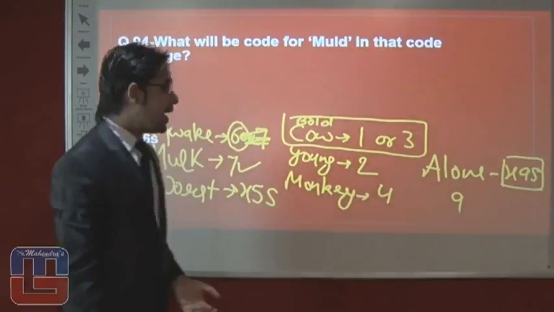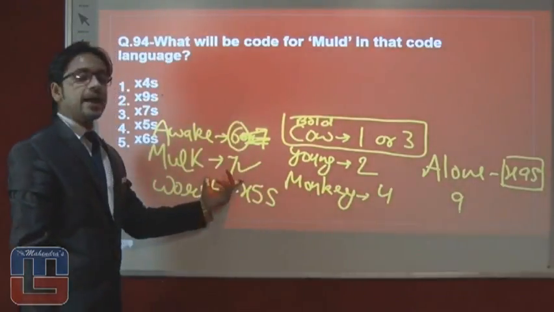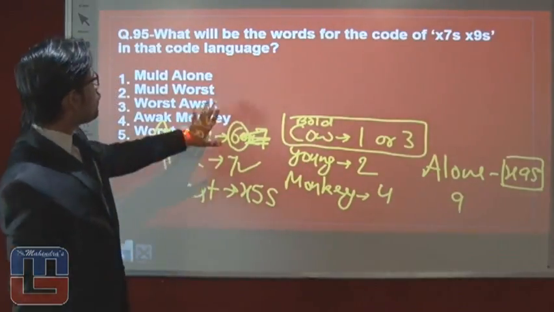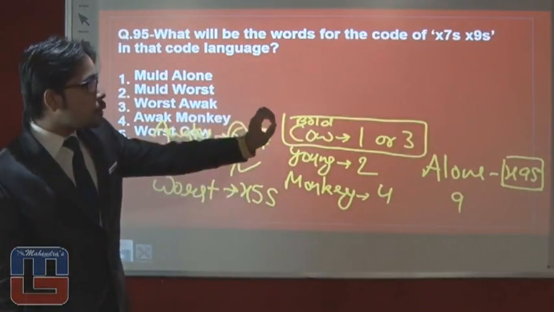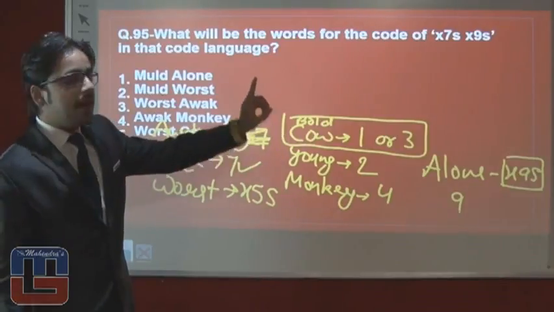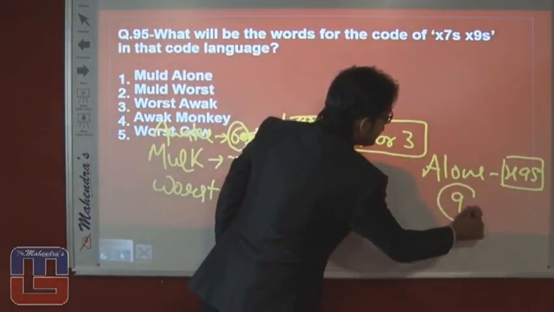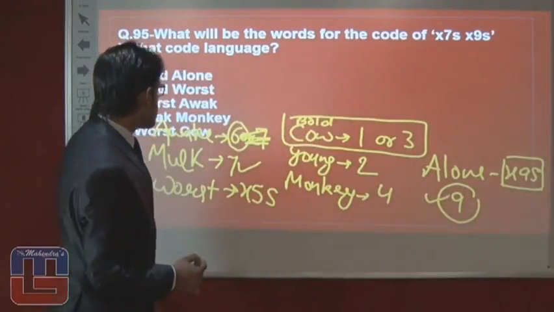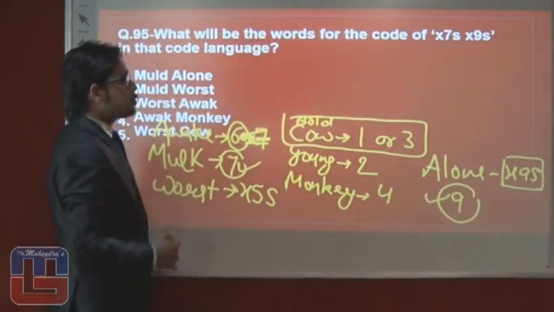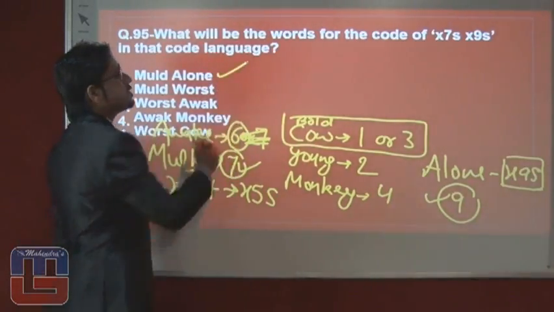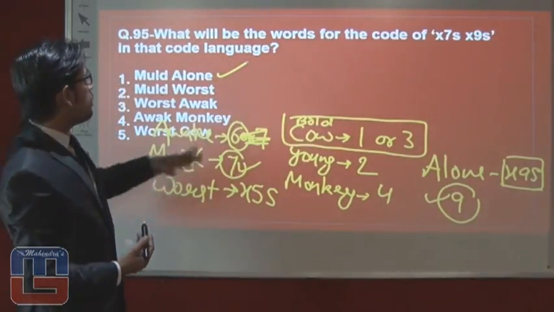You can easily say that the code for mud will be X7. Next, the examiner is asking for the words for the codes X7 and X9. X9 is alone and X7 is mud. So the right answer will be mud alone, which is option number first.